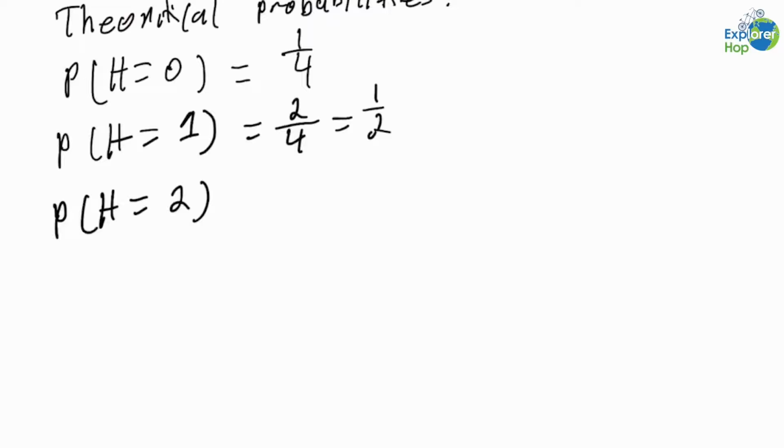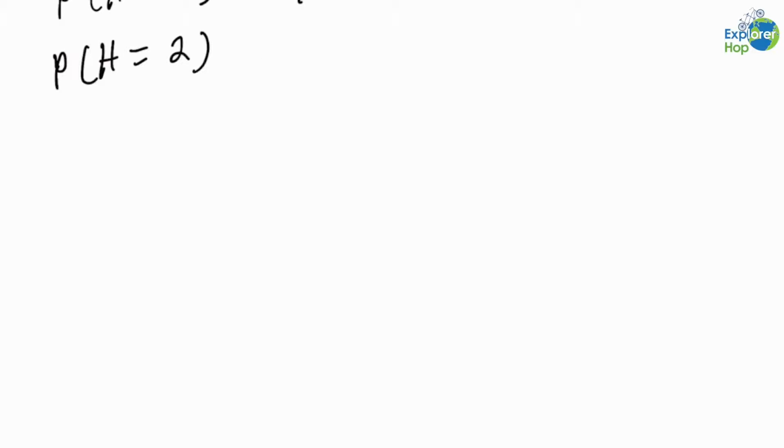And lastly, to find the probability of h being equal to 2, which is the probability of having 2 heads, we take the number of ways to have 2 heads and divide it by the total number of outcomes. We can see from the sample space that there's only 1 outcome with 2 heads. So this is going to be equal to 1 over 4.